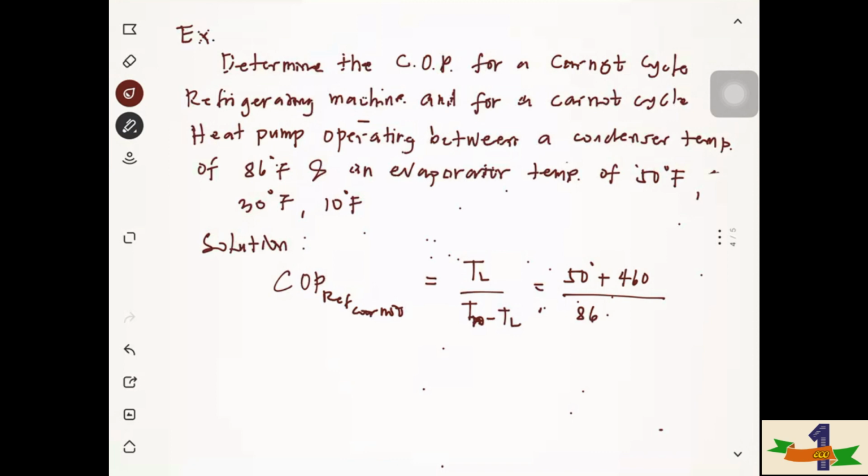Here there's no need to convert because we have this difference, so the 460 will cancel out.